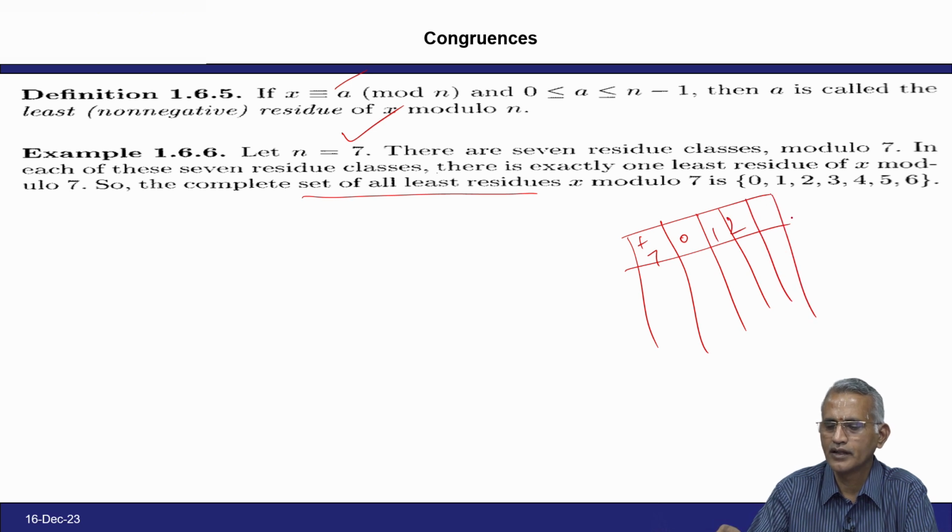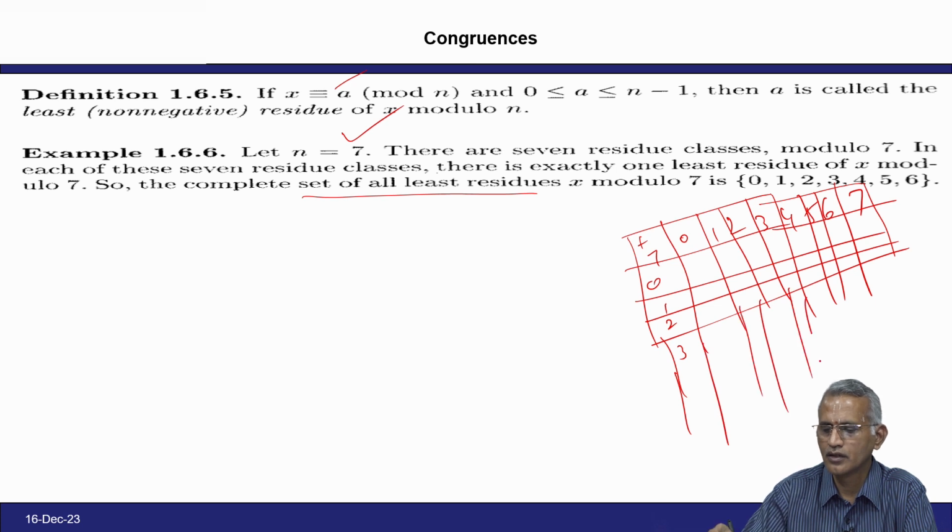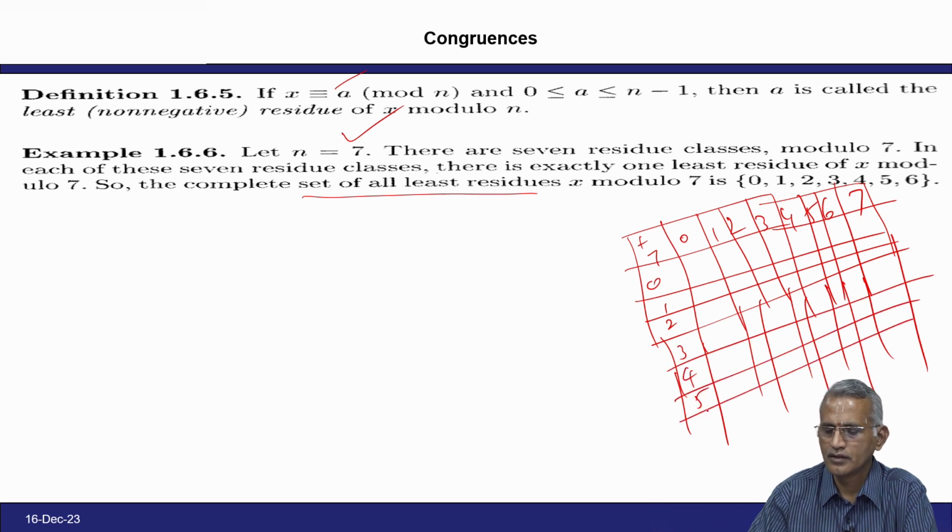So, like that you can extend to 3, 4, 5, 6, 7, and similarly 0, 1, 2, 3, 4, 5, 6. 7 does not come because it is integer modulo 7.